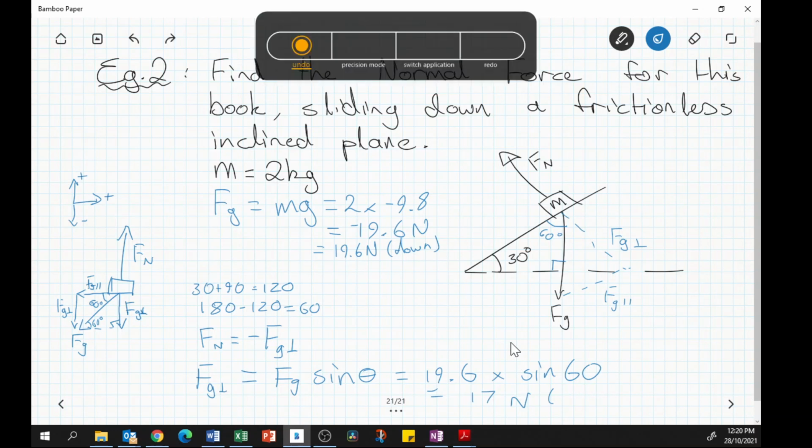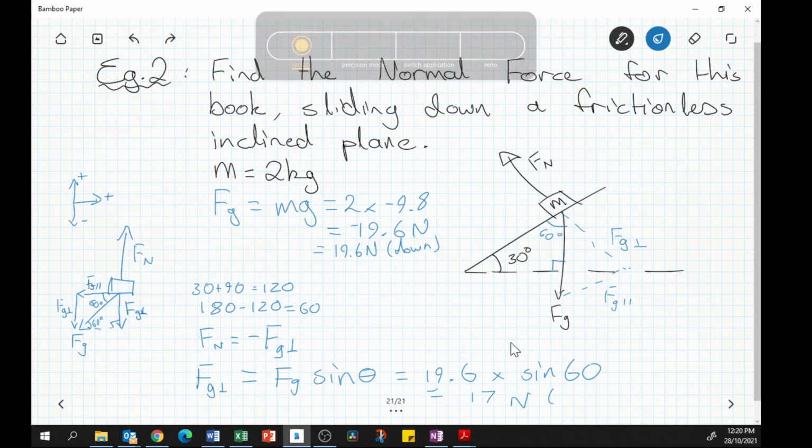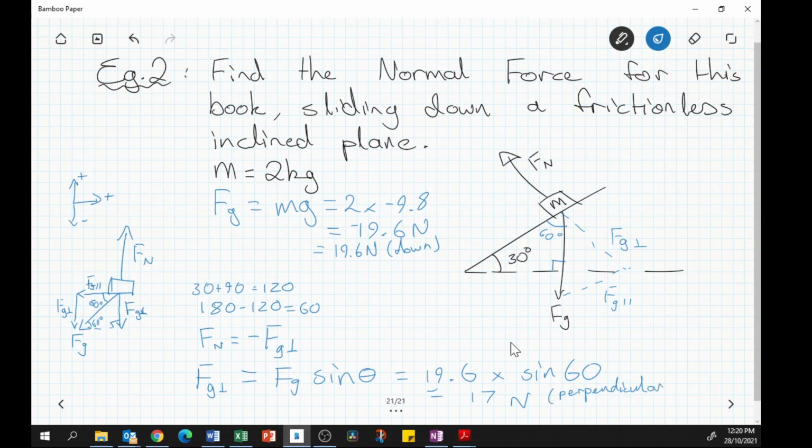I'm not going to write down, sorry, and I shouldn't have been using that language. I'm going to say perpendicular down. Which means negative 17 newtons is useful. And then, of course, sorry, I'm going to do dodgy little working out here.